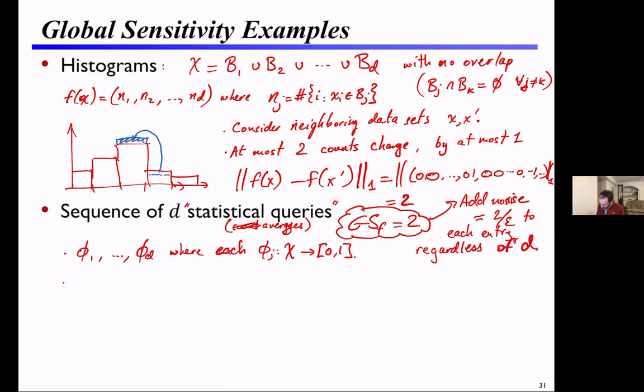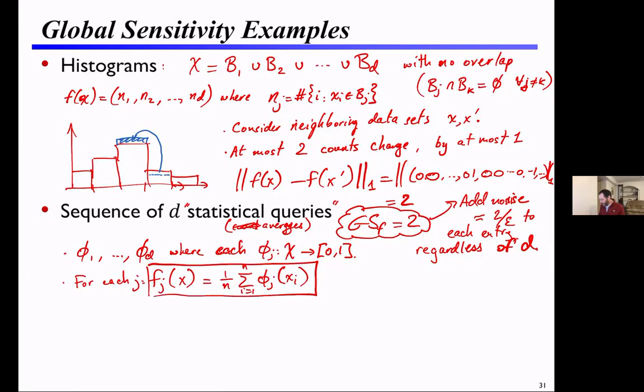And then for each j, we get a function f j, which is the average of this function phi over the data set: the average over i equals 1 to n of phi j of x i. So this is just an average of a bunch of terms.